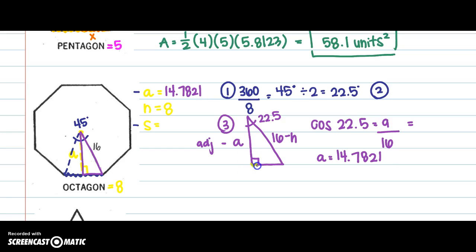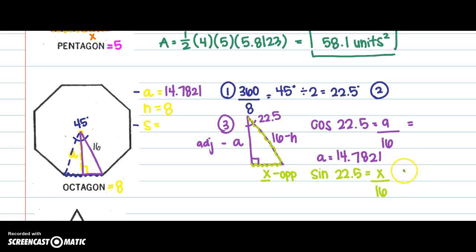Alright, and now remember I need my side length, but I can't find my whole side length. I need to find half of it. So that would be considered my opposite. So I'm going to use sine of 22.5 equals my opposite, x over my hypotenuse, 16.